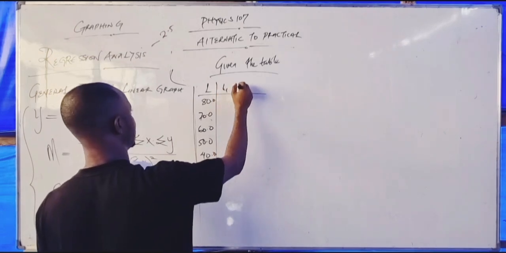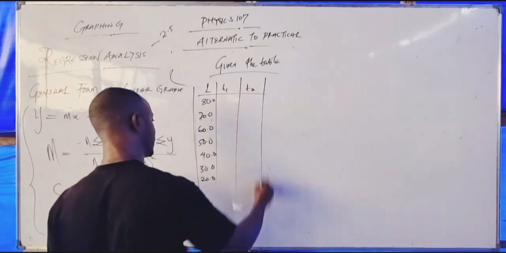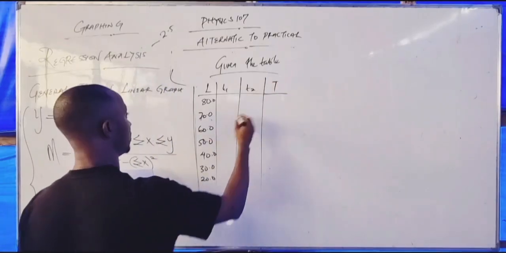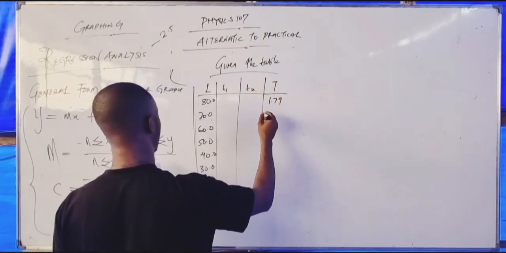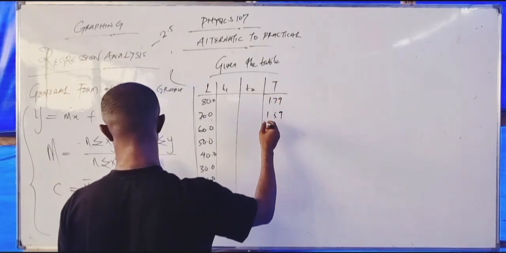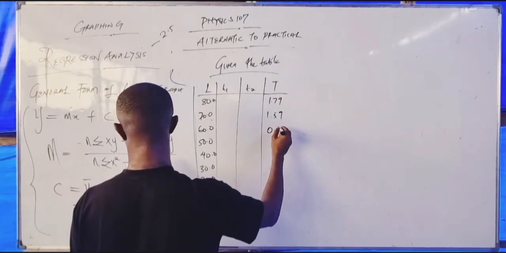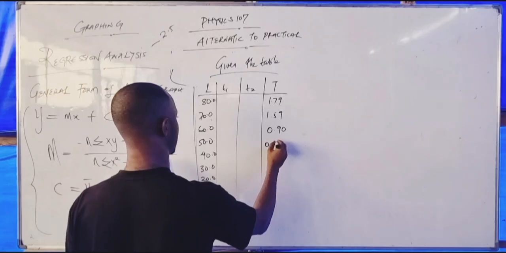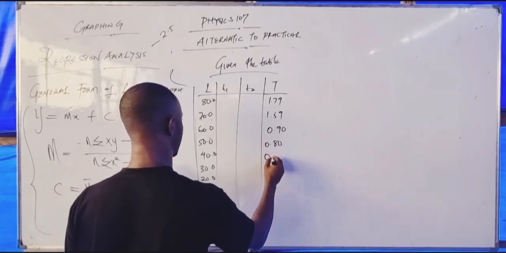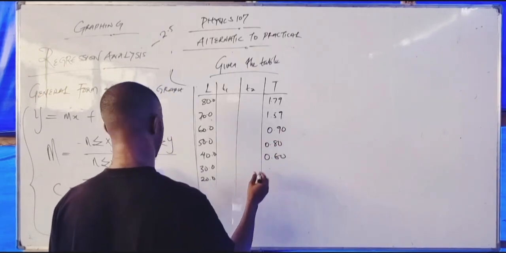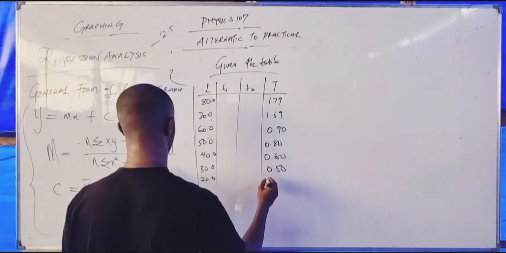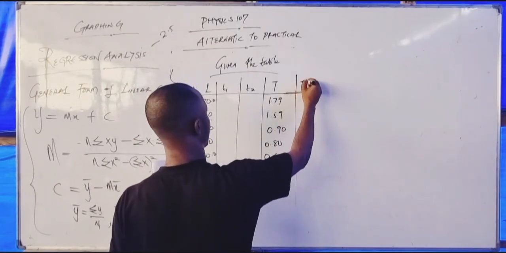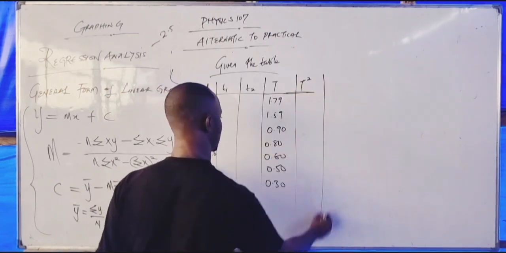Then we have T1, T2, then we have our period: 1.79, 1.59, 0.90, 0.80, 0.60, 0.50, and 0.30. Then we have the period squared, T squared.